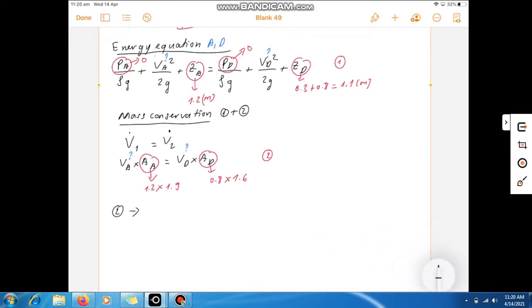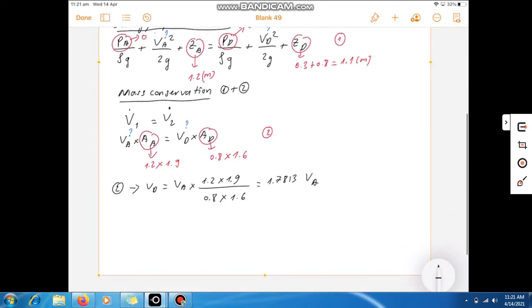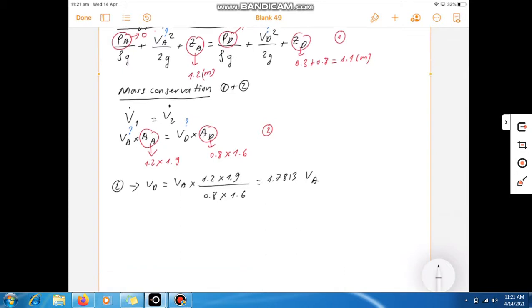From equation 2, we will have VD equal to VA times AA divided by AD. AA is 1.2 times 1.9 divided by 0.8 times 1.6, so this will be 1.7813 VA. When we have VD as 1.7813 VA, we apply it to equation 1.